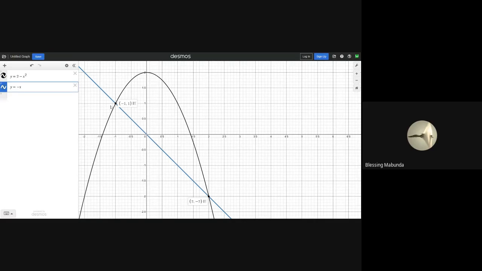And that was x equals minus 1 and x equals 2. And we can see that those form our bounds, and this is the region bounded by the two curves. The parabolic function is at the top, and the curve y equals minus x, our straight line, is at the bottom, meaning that this is going to be 2 minus x squared minus x.